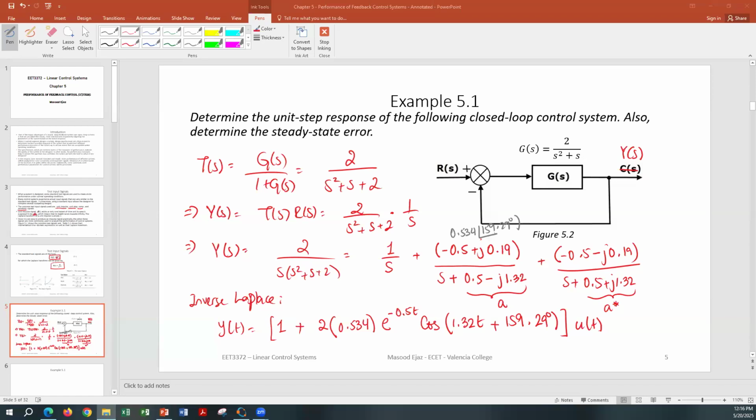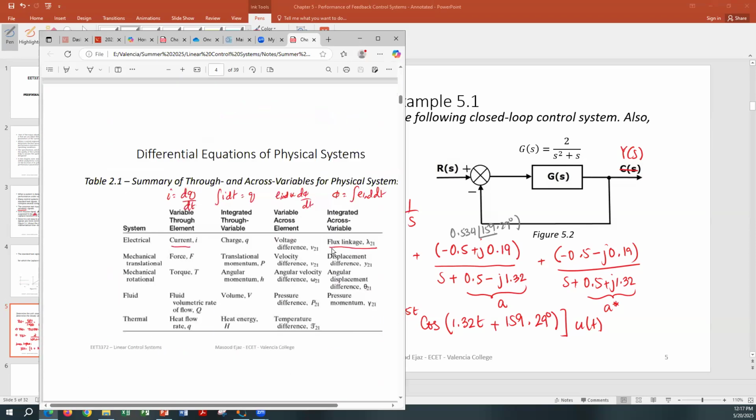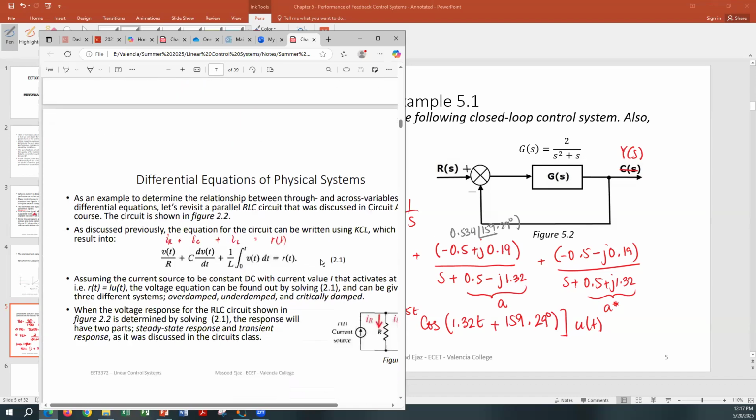Let me open that real quick for you. Slide 11.